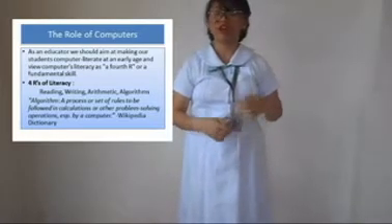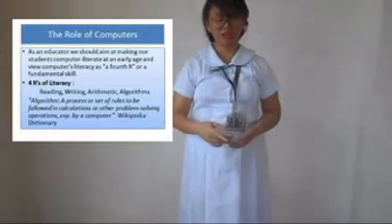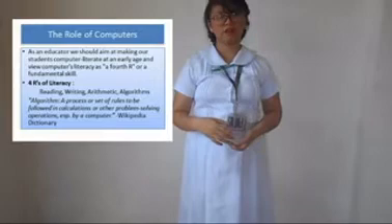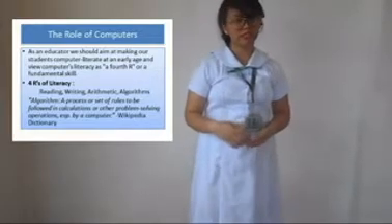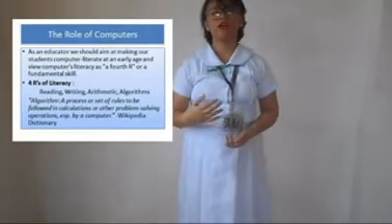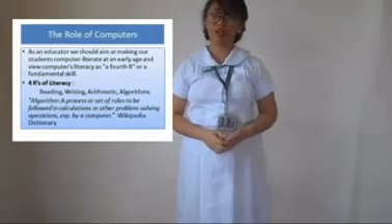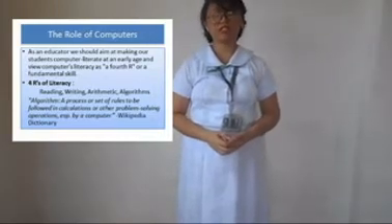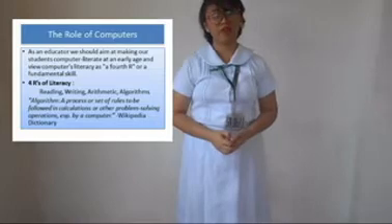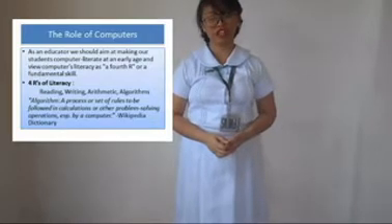These are reading, writing, arithmetic, and algorithms. The 4th R mentioned here is the algorithm: a process or a set of rules to be followed in calculations or other problem-solving operations, especially by a computer. This is according to Wikipedia Dictionary.